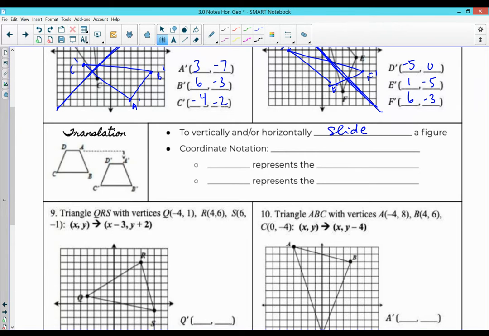So the coordinate notation for that is (x, y) becomes (x plus h, y plus k). h represents the horizontal shift, while k represents the vertical shift.